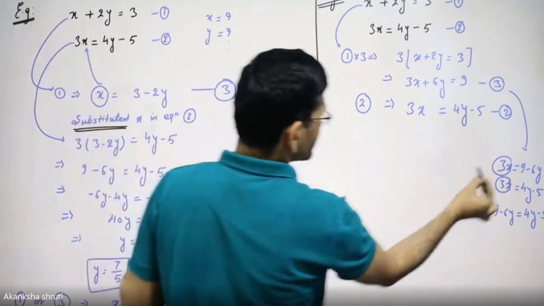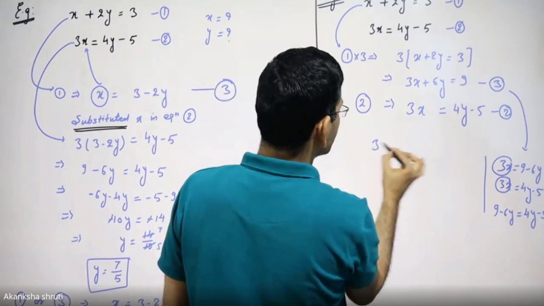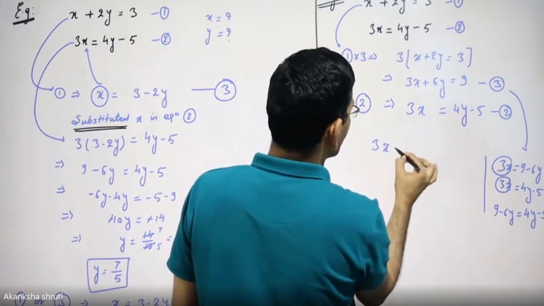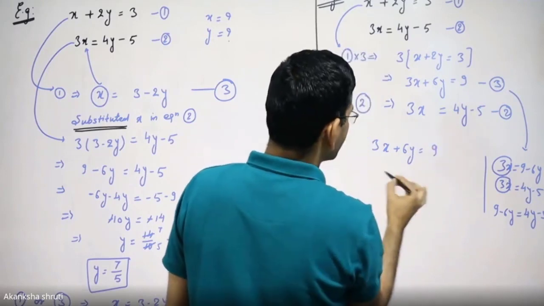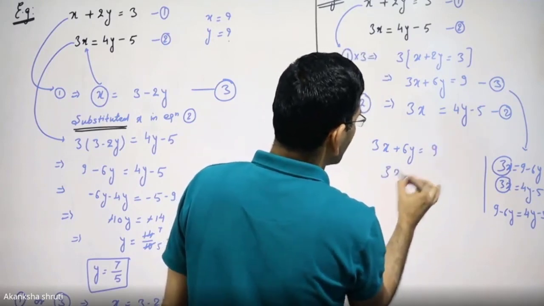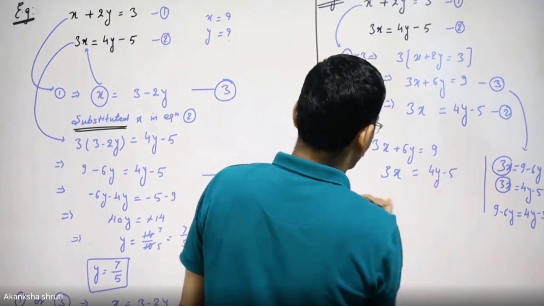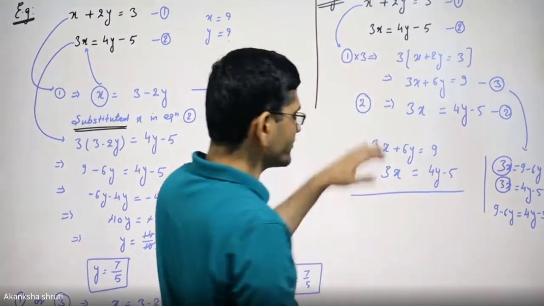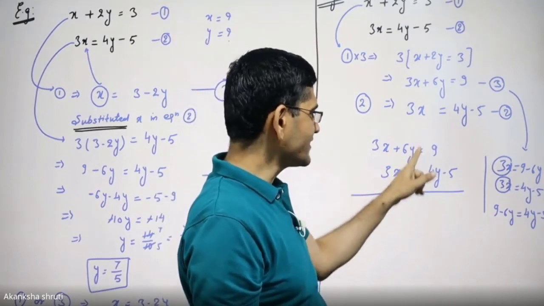And you may also do it like this. Rather than this, one may just think 3x plus 6y is equal to 9. And another, this is our 3x is equal to 4y minus 5. Go for subtracting one from the other. Keep in mind, the equal sign always aligns.